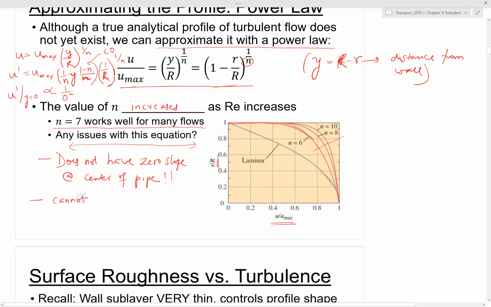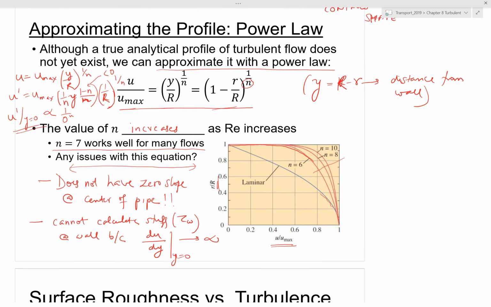And you cannot calculate stuff like shear at the wall, just tau W at the wall, because du over dy at y equal to 0 approaches infinity.